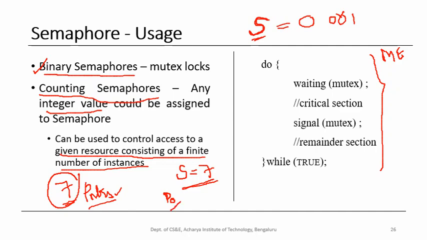That is, when P0 is trying to use a printer, it executes wait and decrements it by 1, and it becomes 6. Let's assume there are multiple processes trying to use the printer. Every time one tries to use the printer, it decrements the value of the semaphore. So the value goes on getting reduced by 1 till it becomes 0. If the value of the semaphore becomes 0, what is the meaning of that? Now you don't have any more instances of this kind of resource to allocate to the processes.